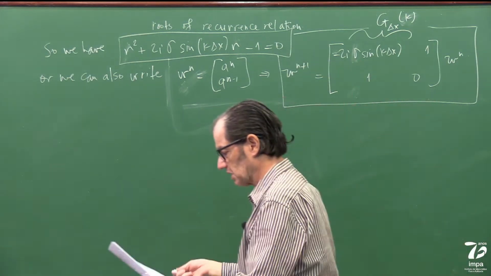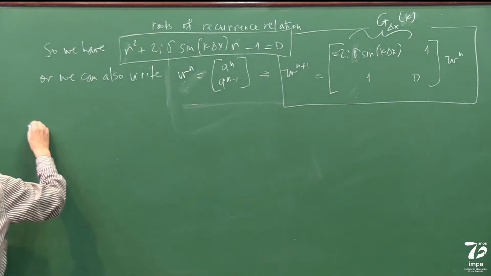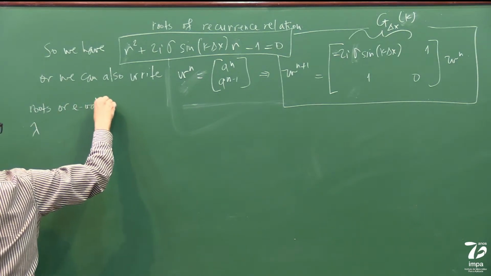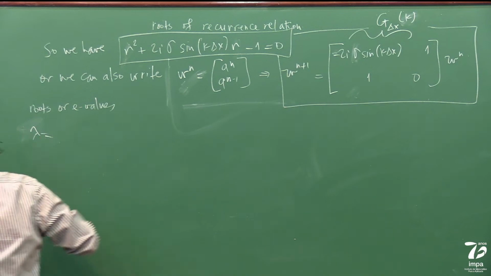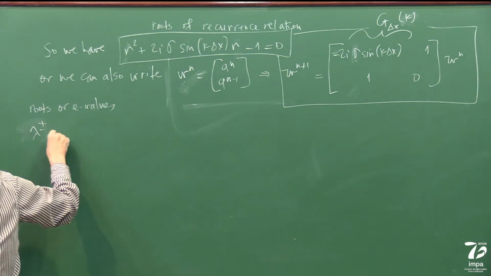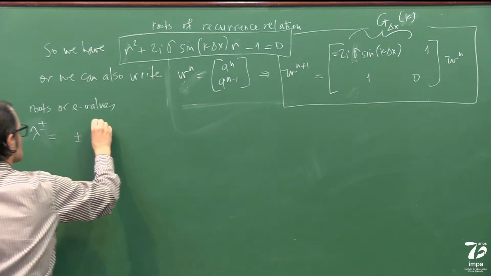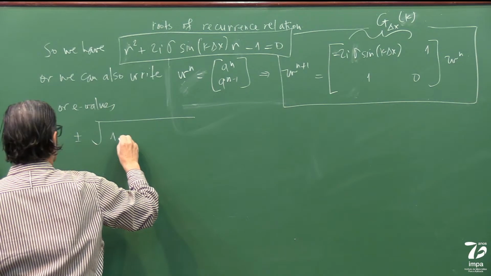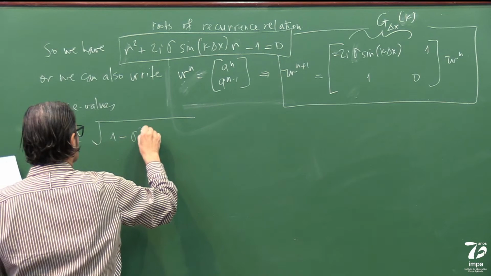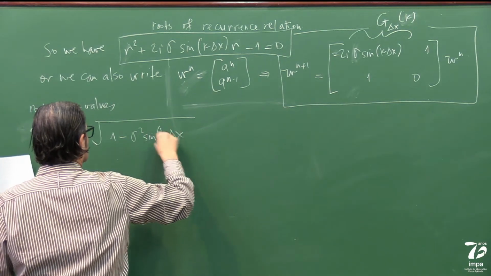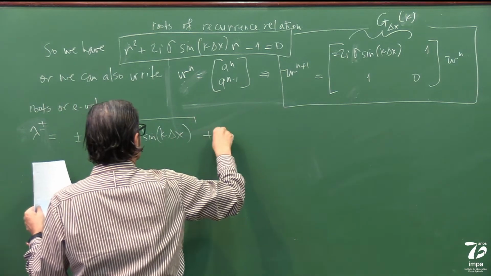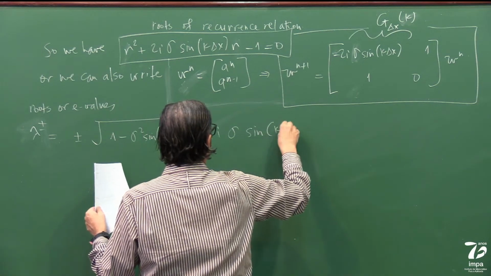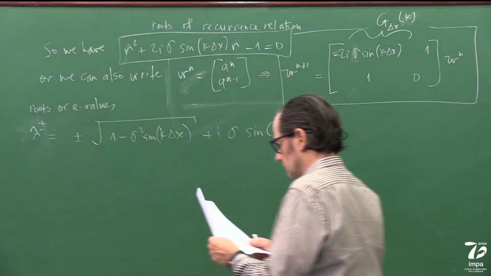So let's write the roots. Let me call it lambda. The note is called lambda. So we have either roots or eigenvalues, lambda plus or minus, equal to plus or minus, let me write it like this, 1 minus sigma squared plus i... okay.